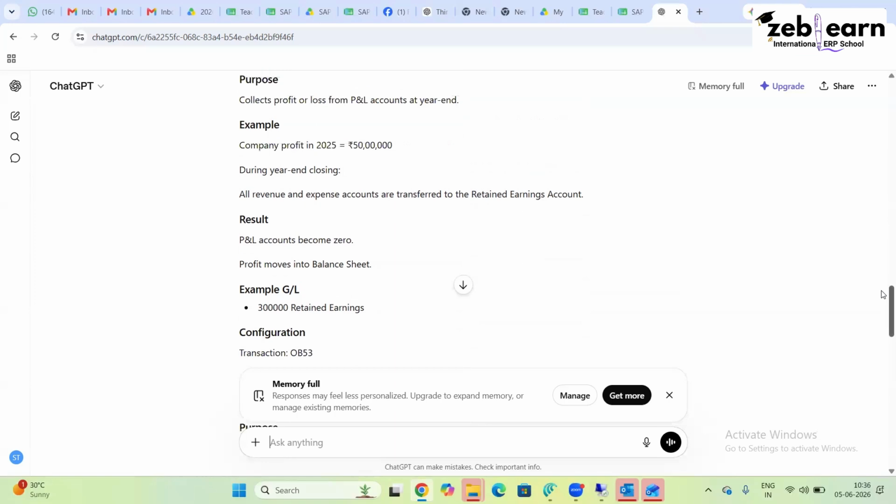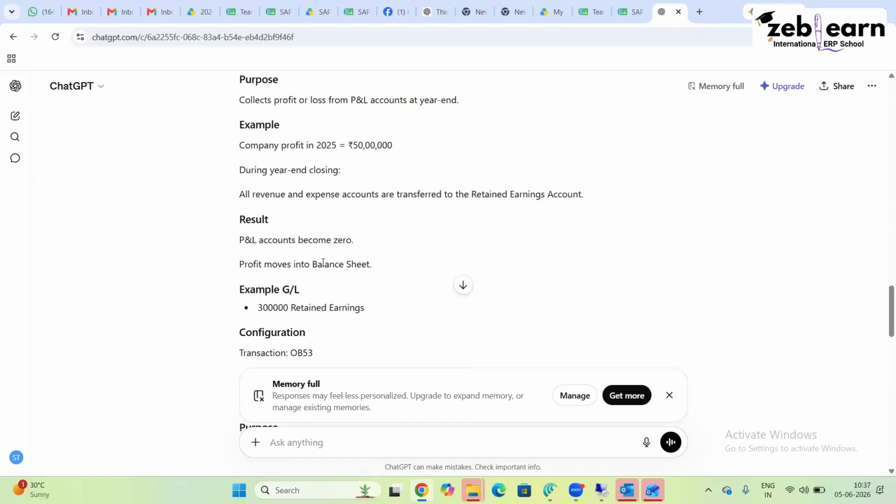So basically, whatever profit or loss you have at the year end, it collects it. And all revenue and expense accounts are transferred to the retained earnings account. The result is the P&L accounts become zero.